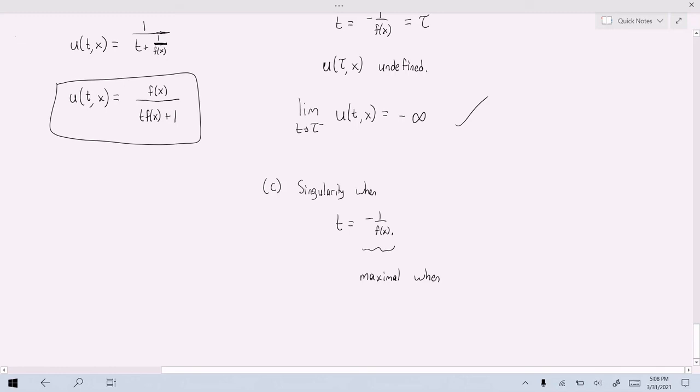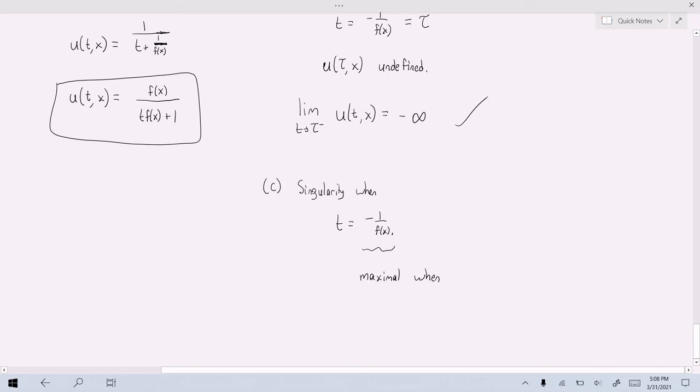All right, so this expression is maximal when f is as close to 0 as possible, because that would make the denominator as small as possible, making the thing as large as possible.